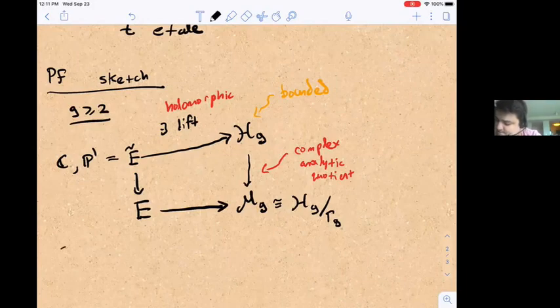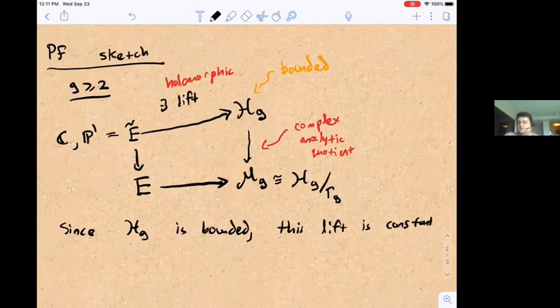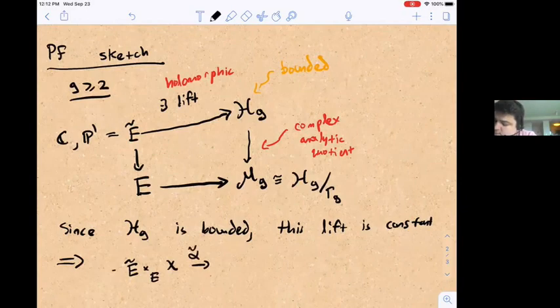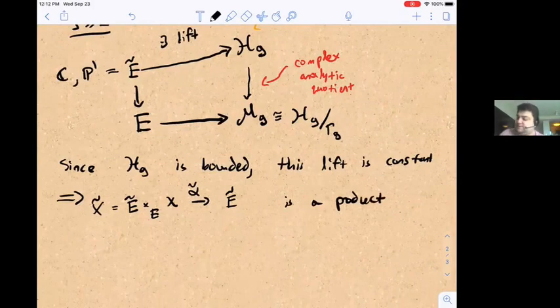So that tells us that at least if we pull back all the way to the universal cover of E, then we actually have a product, because it's mapped to the moduli space as a constant map.